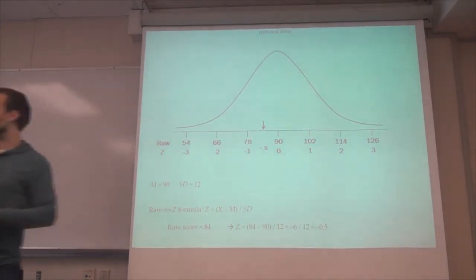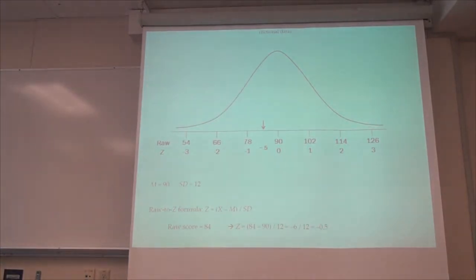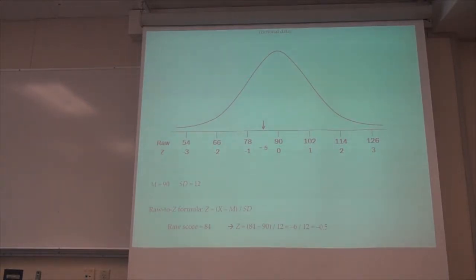The z-score, the standardized scores, give me a way to easily see where the actual score sits in relation to the distribution. Any questions on that? Z-scores. So Z is always like 0, 1, 2, 3. Yeah.